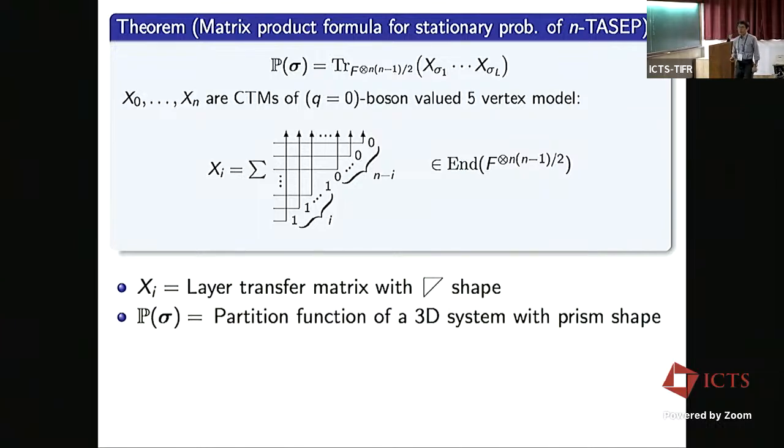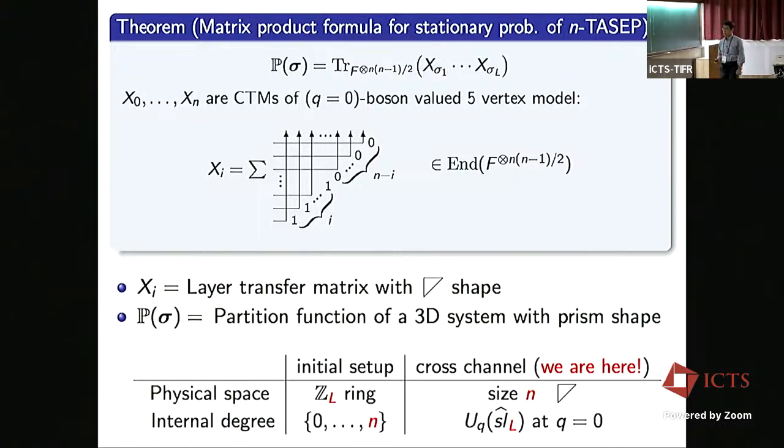Now let me remind you that we are in an interesting, intriguing situation. We started from the initial setup where we have a length L periodic chain, where each site is populated with such degrees of freedom. So the usual treatment of such a system is a length L chain of a U_q(sl_n hat) system, something like that. But now we are in a cross channel, in the sense that the size and rank are interchanged. So this is a linear size N system, and apparently the symmetry algebra has become U_q(sl_L hat) at q equals 0, as I mentioned.